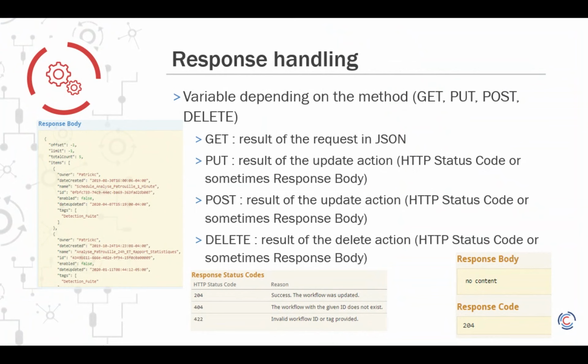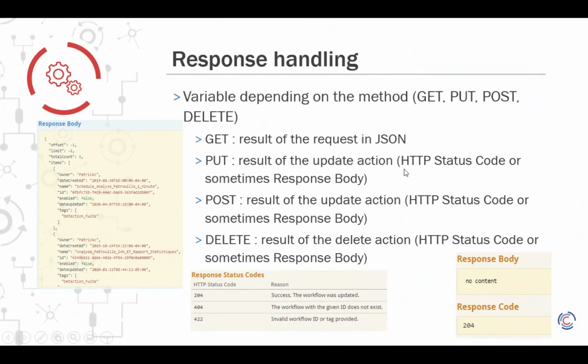The same thing applies for the post method. Posting is to create a new item in FME Server, or in any REST API. Typically we would use the status code to ensure that our request was properly made. Similarly for delete, you're deleting an existing item, and in this case you would also be using the status code more often than not.